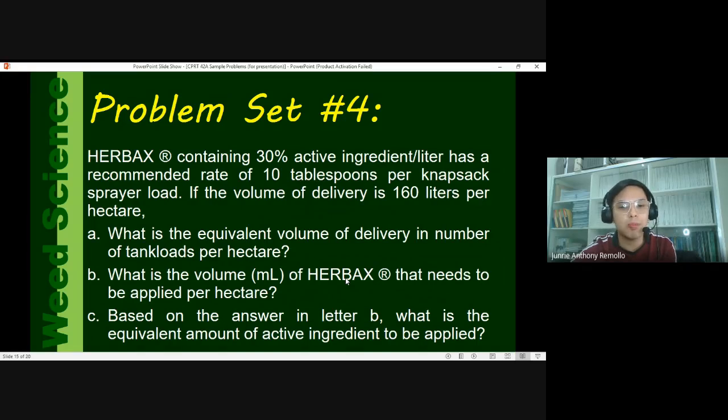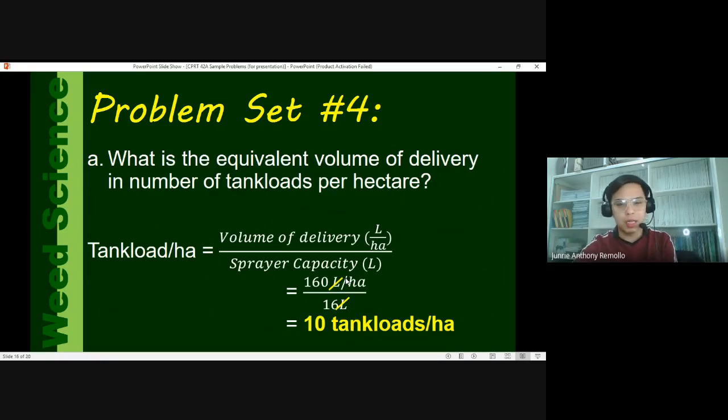And then we need to compute for the volume of HERBAX that needs to be applied per hectare in milliliters. And then, based on the answer in letter B, what would be the equivalent amount of active ingredient to be applied? So first, let's compute for the equivalent volume of delivery in the number of tank loads per hectare.